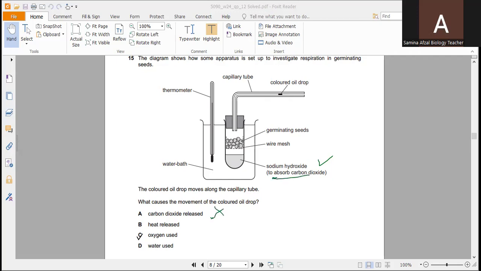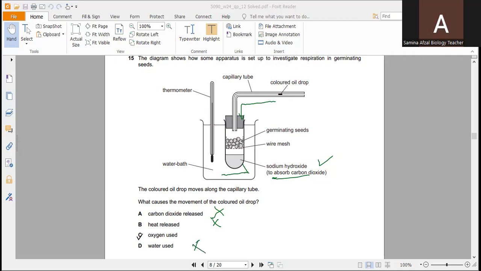Heat released will not help to move the colored oil drop. When oxygen is used, the oil drop will move. Water is present in the bath and will not be used in the space. So this is not the correct option.